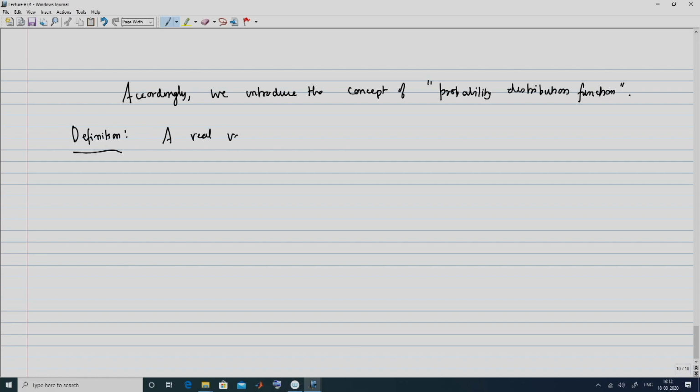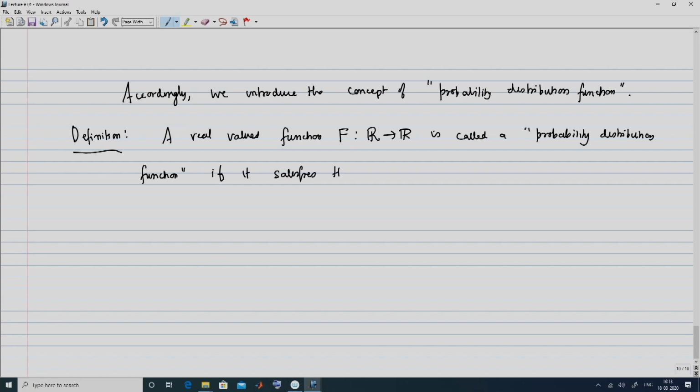So, this naturally brings us to the introduction of the definition. A real valued function F from R to R is called a probability distribution function if it satisfies the following three enumerated properties. The first property is that F is non-decreasing.